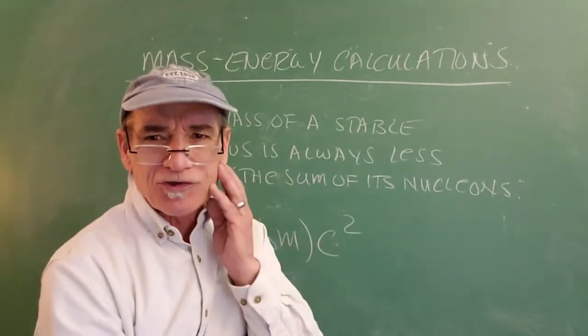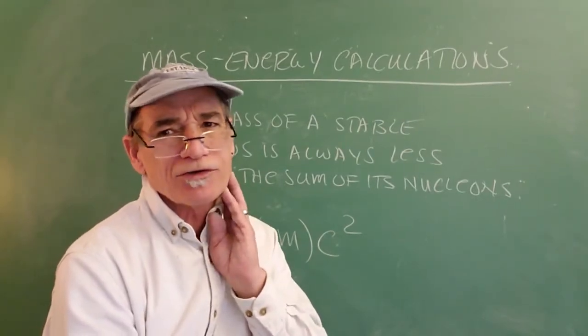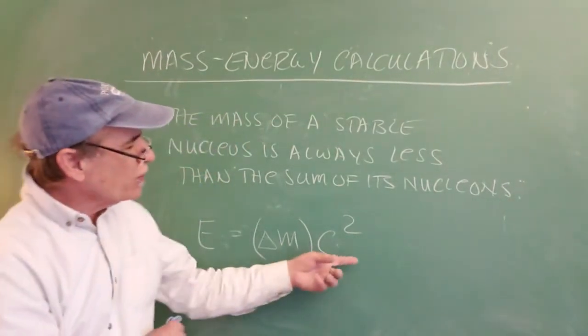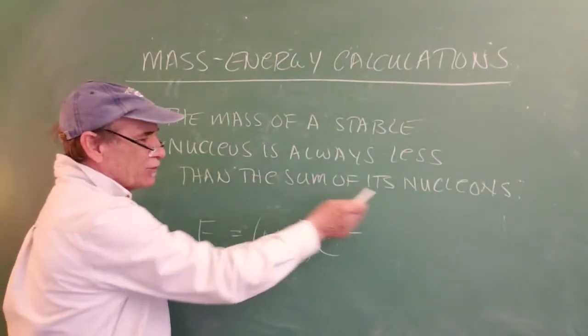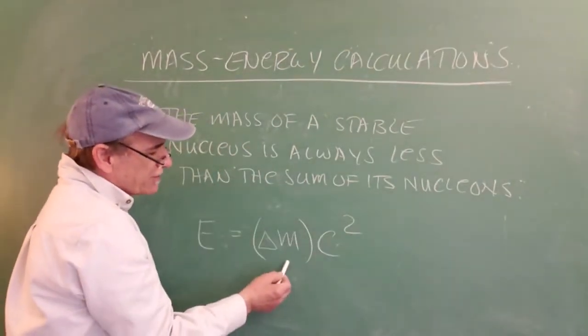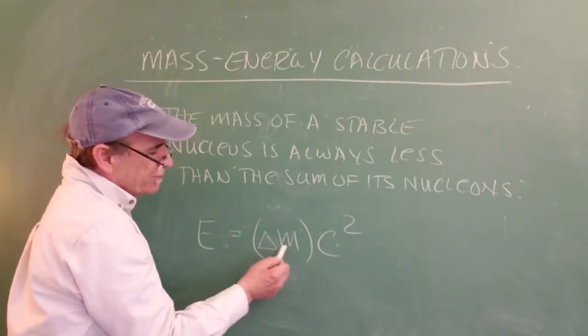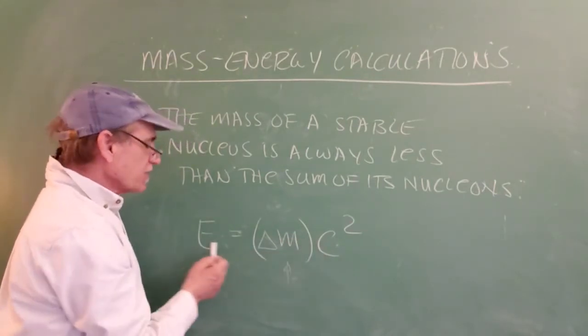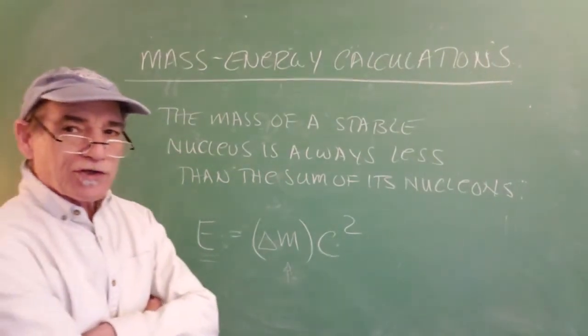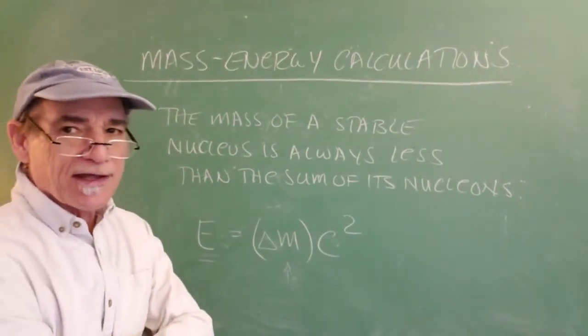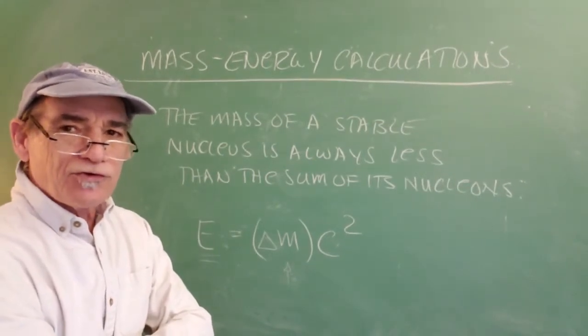Well, Einstein defined a mass-energy equivalence with his equation E equals mc squared. So if we look at this mass defect between the stable nucleus and the sum of its nucleons and put that in here as a change in mass, we could calculate the amount of joules of energy that are created to hold that nucleus together. All right, let's do a quick example.